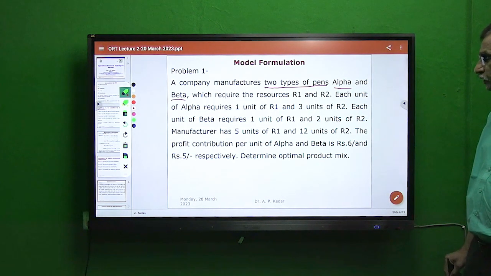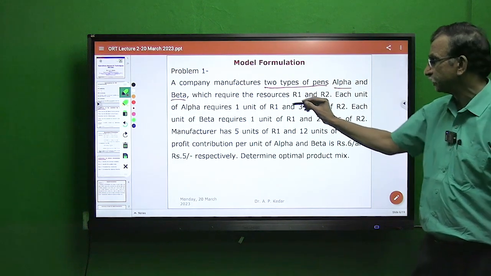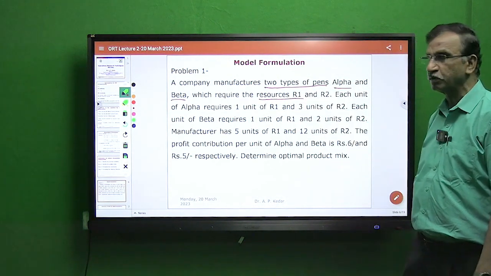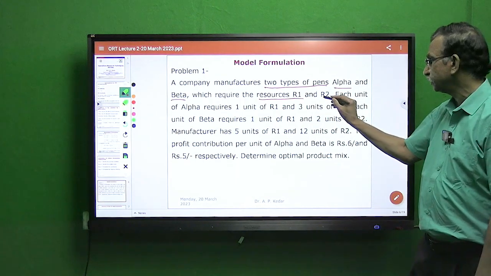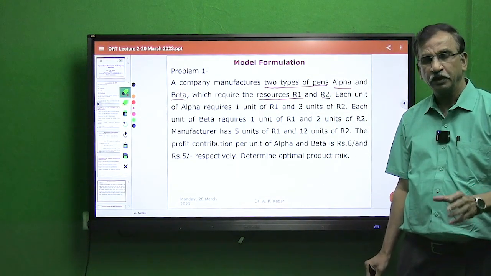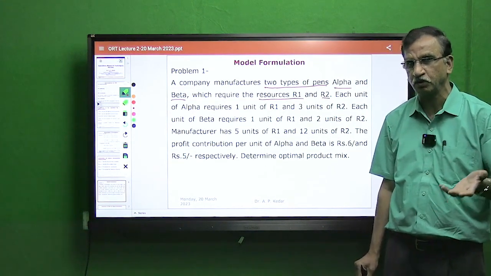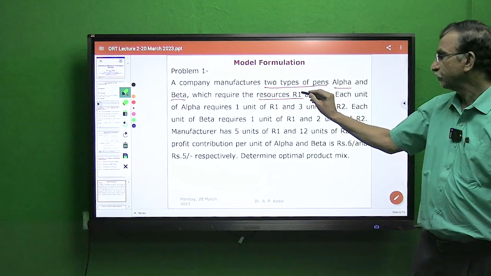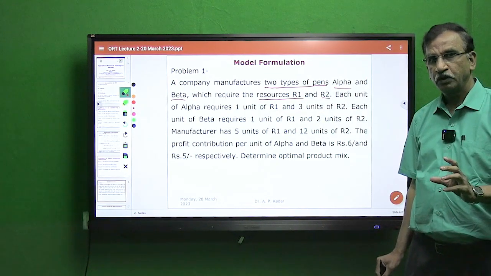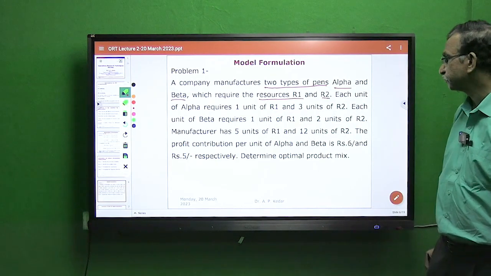Then an important condition is given. The pen which is manufactured requires resources. The first resource is labeled R1 and the other resource is labeled R2. Being the first problem, instead of directly giving the name of the resource used for manufacturing the pen, we have used the terms R1 and R2, replacing resource 1 and resource 2.